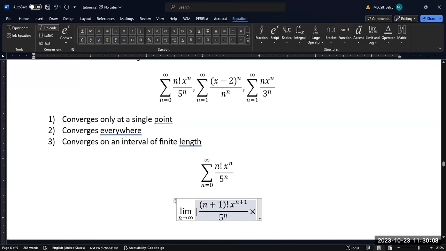I'm going to skip a step and multiply by the reciprocal. This should be n plus 1. And then the reciprocal would be 5 to the n over n factorial x to the n.